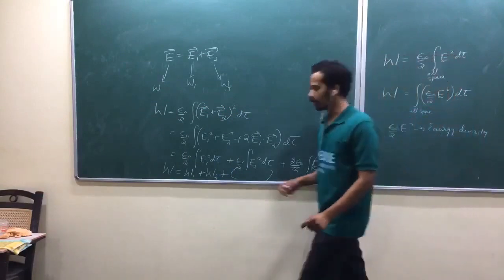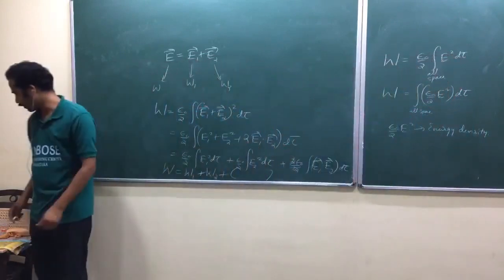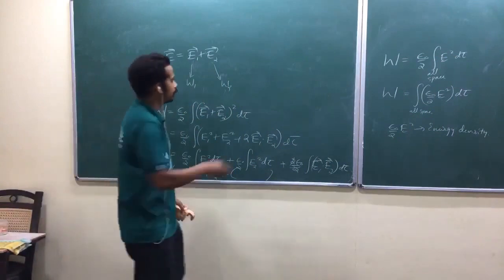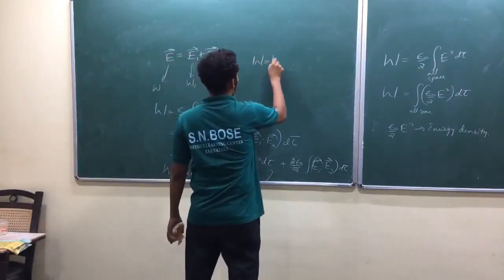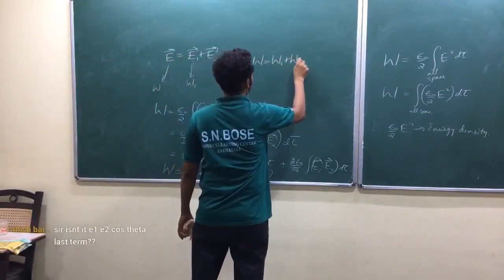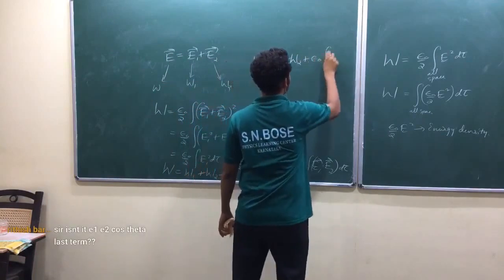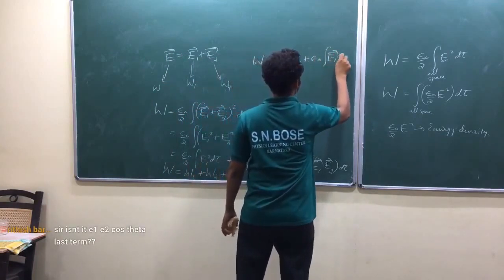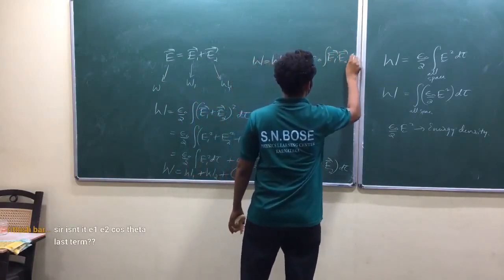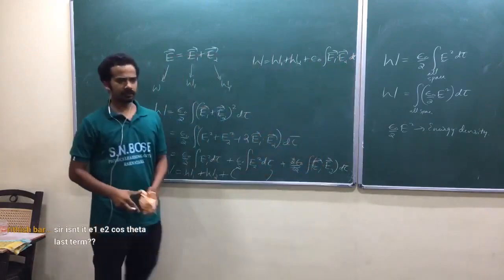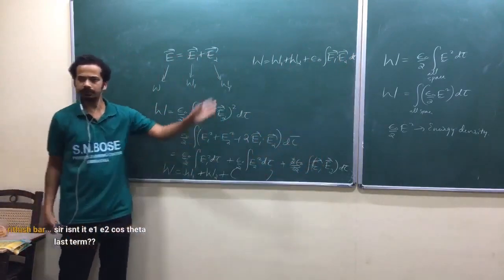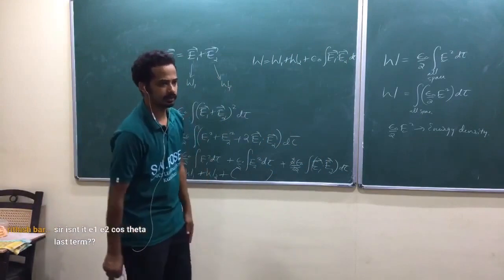Now try to apply this last formula: W is equal to W1 plus W2 plus epsilon naught integral E1 dot E2 dτ. E1 is the electric field due to one charge configuration, E2 is the electric field due to the other.